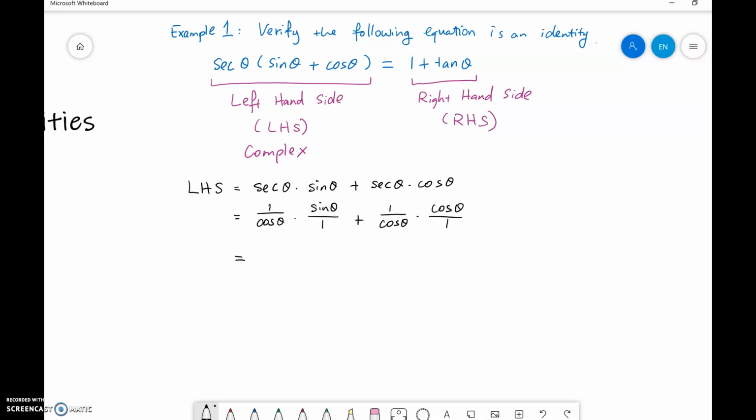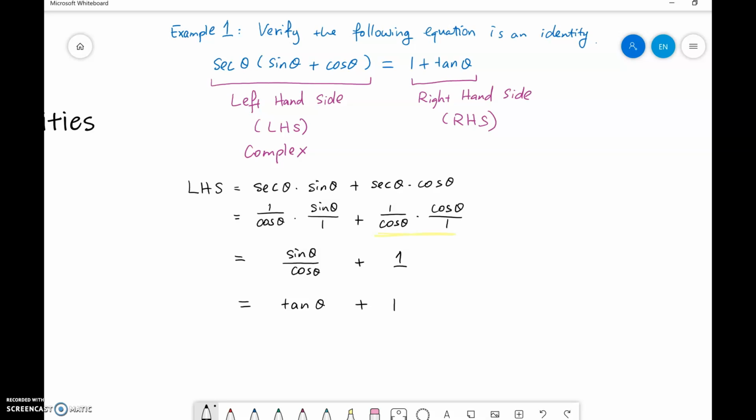Once we rewrite the secant as 1 over cosine, what we see on the second part is 1 over cosine theta times cosine theta over 1, which will give us 1. And then the other term is sine theta over cosine theta, which we can rewrite as tangent theta.